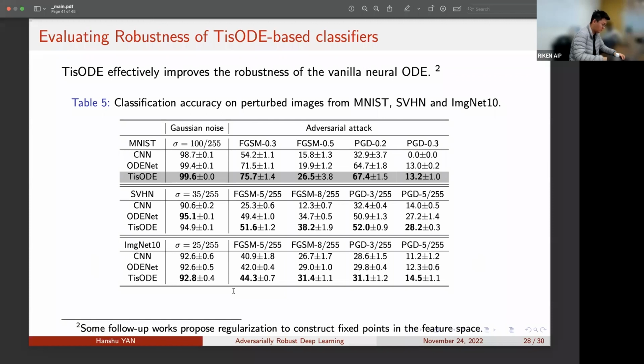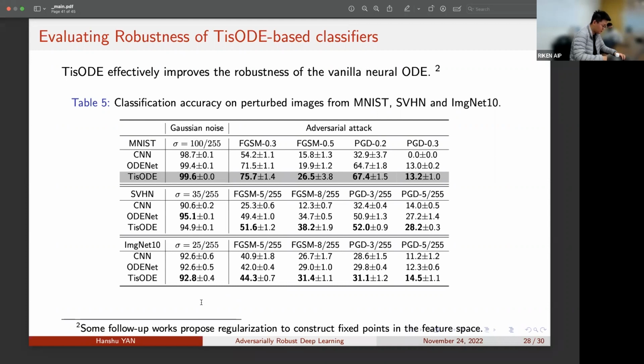Actually, a stronger regularization of the stability is that we should regularize the Jacobian of the f theta, and if the dynamic system turns out to be stable around some point, then the trajectory around this point should have the largest eigenvalue be negative. Then it is a much stronger regularization or constraint to construct some fixed point.